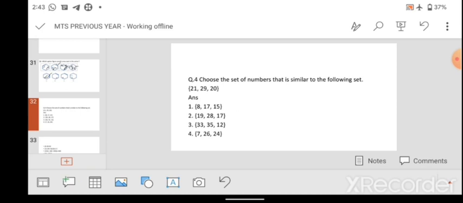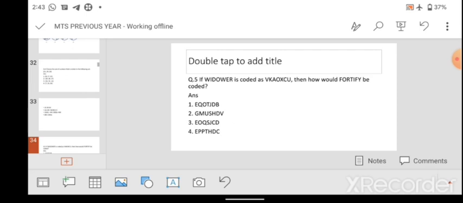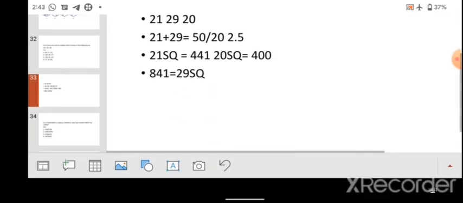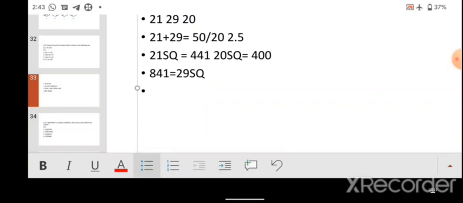So option A is the correct answer. Okay. Let me write it down. 15 squared is 225 plus 8 squared is 64, which is equal to 289, which is equal to 17 squared.